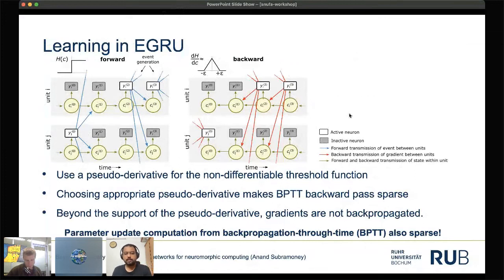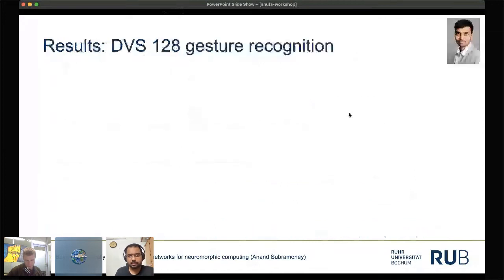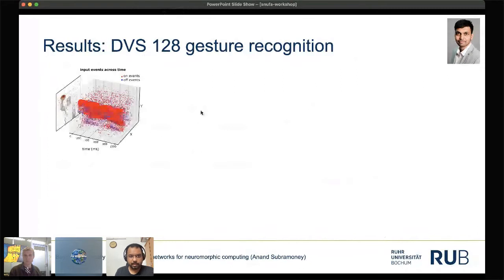Okay, so we used this event-based GRU and tested it on a bunch of tasks. The first one we tested this on was the dynamic vision sensor gesture recognition task. If you're not already familiar with it, it uses a dynamic vision sensor, which generates events based on movement.